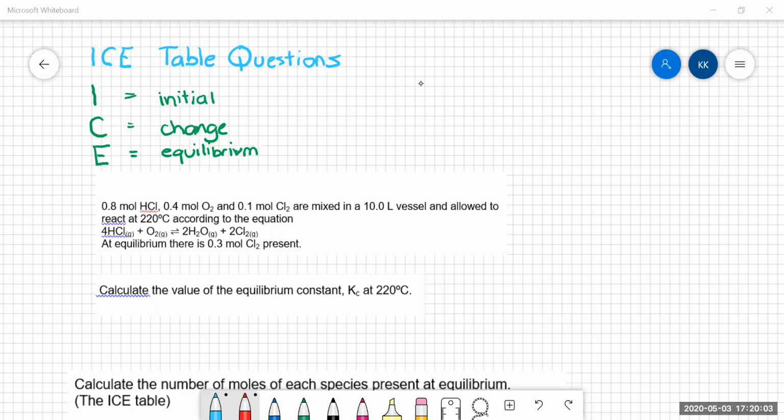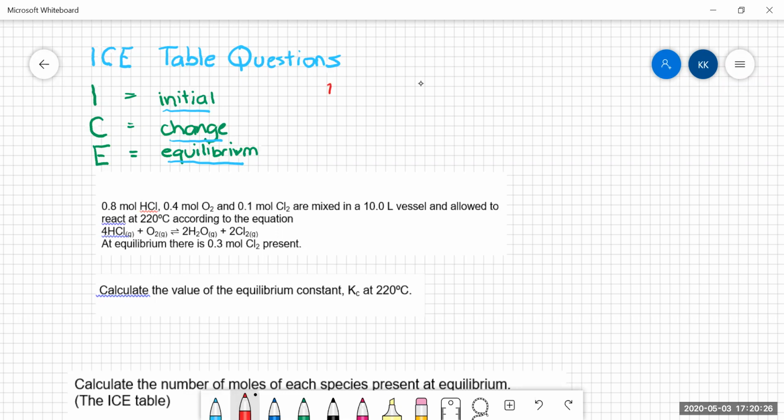So ice tables. ICE in ice tables stands for initial, change, equilibrium. And ice tables are useful for questions where we're not given the equilibrium concentrations of substances and we have to work them out using stoichiometry.